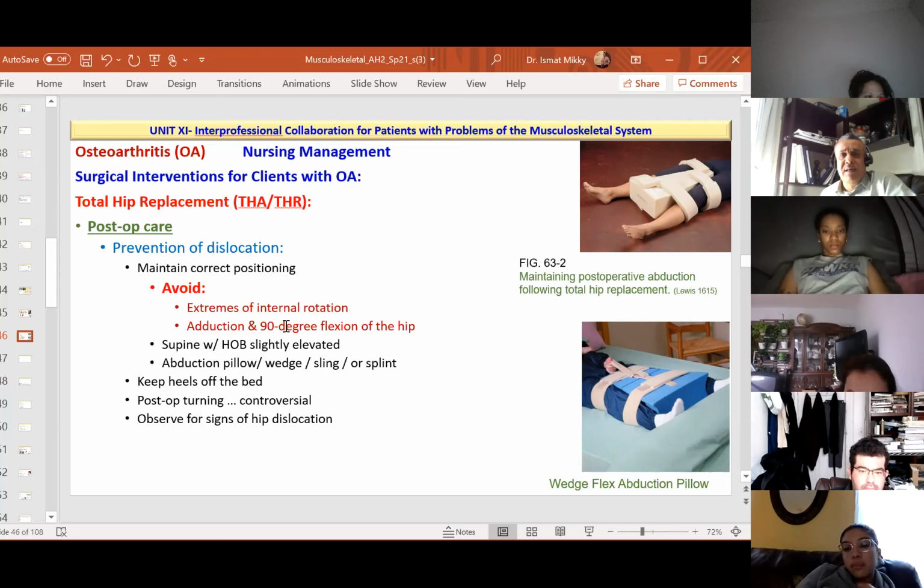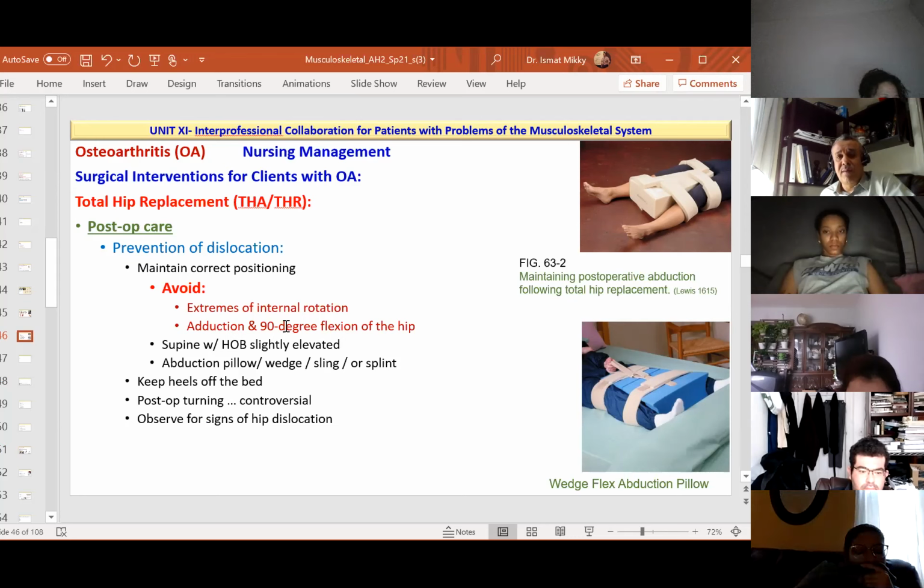Same signs, hip fracture or hip dislocation, in this case post-op. What are the two main signs? You can be 99.9% assured that this is a dislocation or hip fracture even prior to being confirmed by an X-ray.